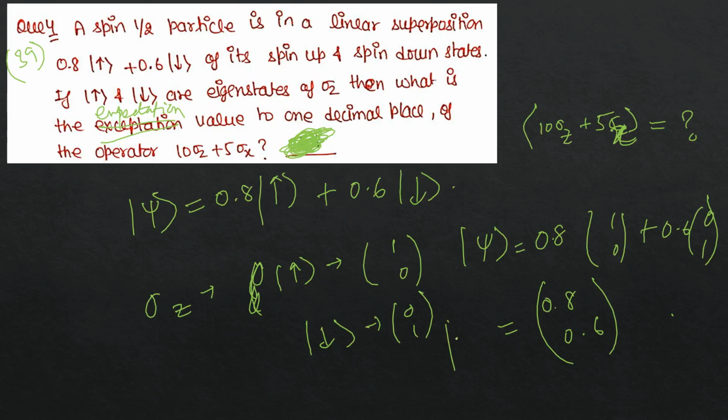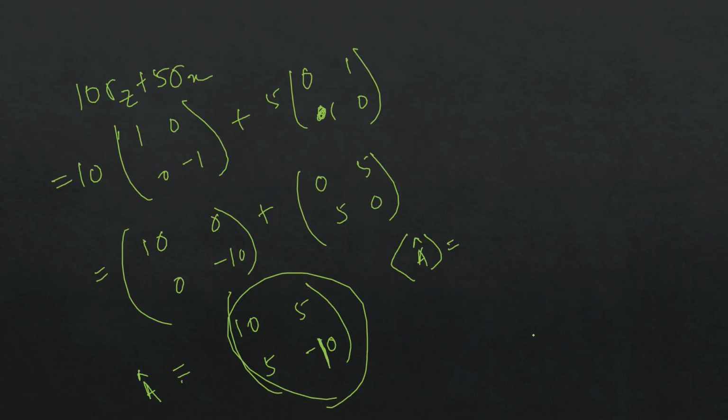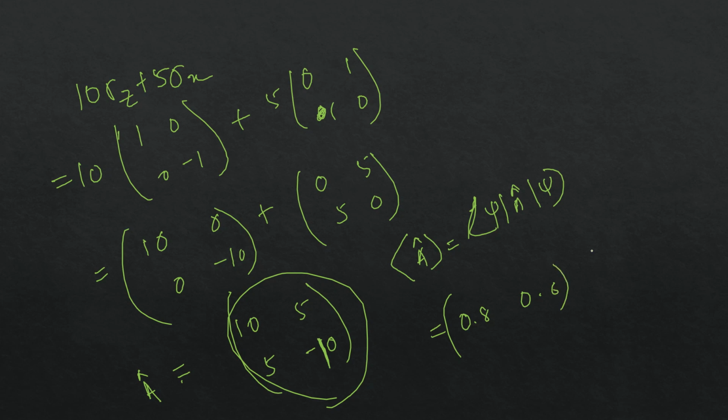Psi is this one, (0.8, 0.6). So the expectation value will be psi A psi, where psi is (0.8, 0.6), times (10, 5; 5, -10), times (0.8, 0.6). Now you just have to multiply this.